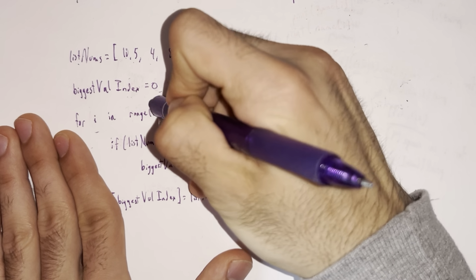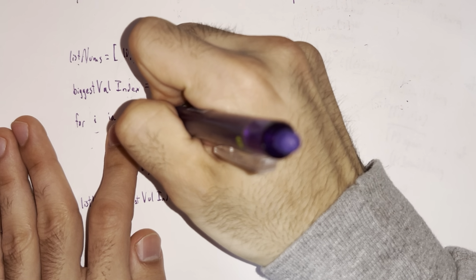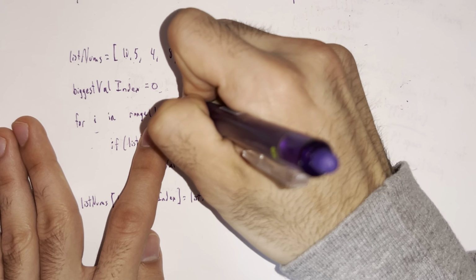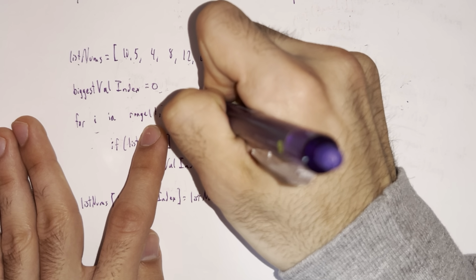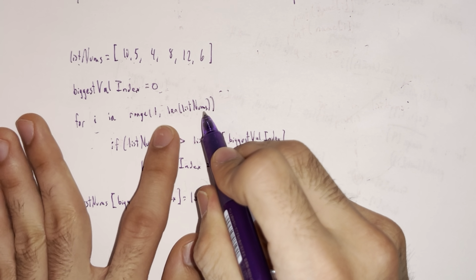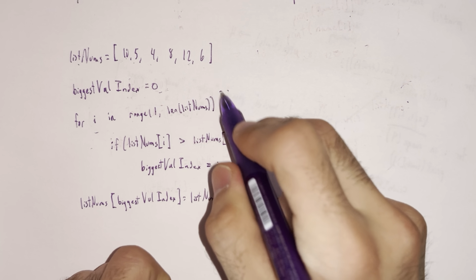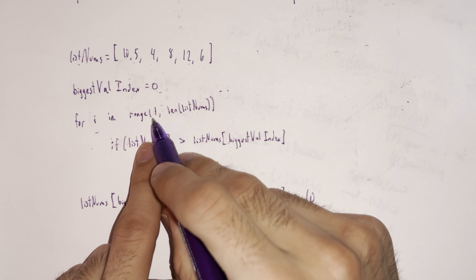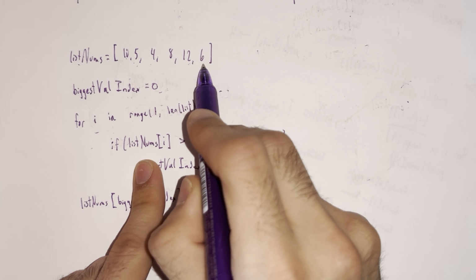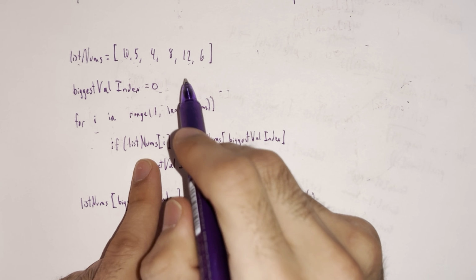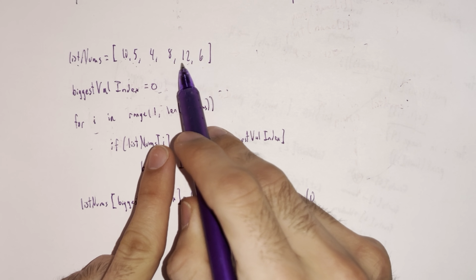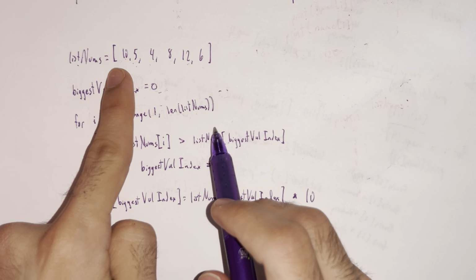So you would say for I in range 1 to indicate I'm starting at 1, and then len list nums to indicate I'm ending at the length of list nums minus 1, which is the last one. So it's going from 1, which is 5, all the way to 6. 5 to 6, that's funny, coincidence, right? It's going to go through 5, 4, 8, 12, 6, positions 1, 2, 3, 4, 5 in the index. And it's not going to even look at 0 in this for loop.